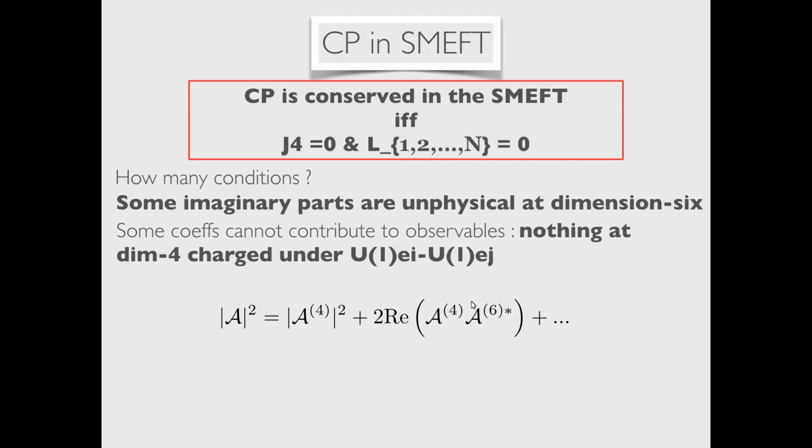And actually, if you look at the lepton rephasing, there's nothing at dimension 4 that does the job. There's no off-diagonal lepton coupling that would have such charges. So in that case, all the SMEFT phases at dimension 6 which are off-diagonal in leptons cannot contribute at this order. This is true up to one caveat, which is if you consider observables which are sensitive to neutrino masses.